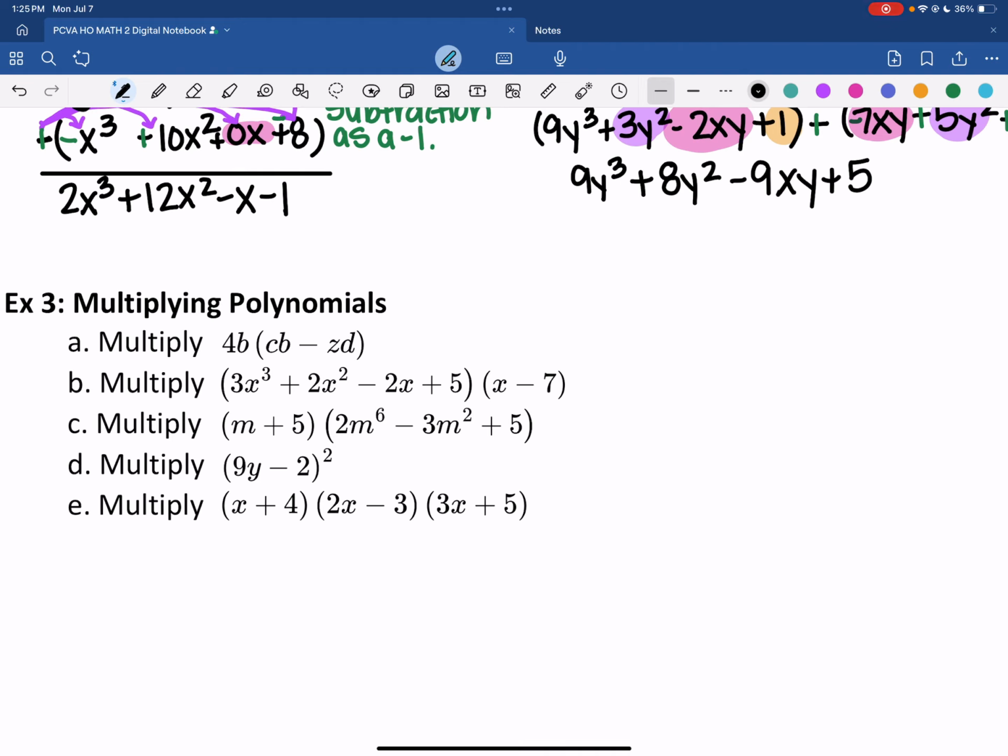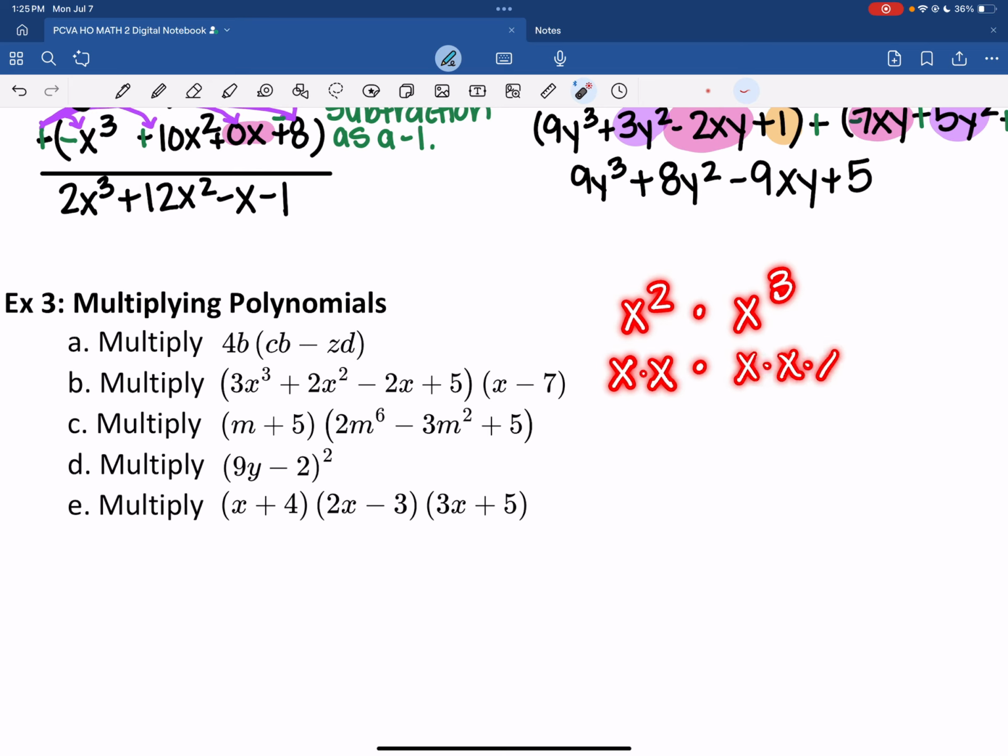Basically, if I have x squared times x cubed, that's technically x times x times x times x times x. So if we put these all together, that becomes x to the 5th. So we add the 2 and the 3 to give me the 5 when you're multiplying.